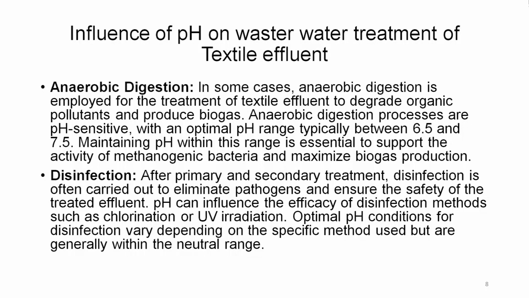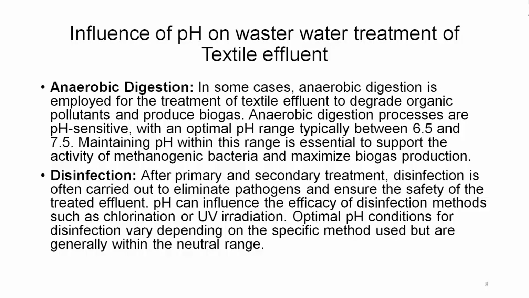Anaerobic digestion. In some cases, anaerobic digestion is employed for the treatment of textile effluent to degrade organic pollutants and produce biogas. And this we have studied quite in detail in the last few lectures. But how does pH affect it?